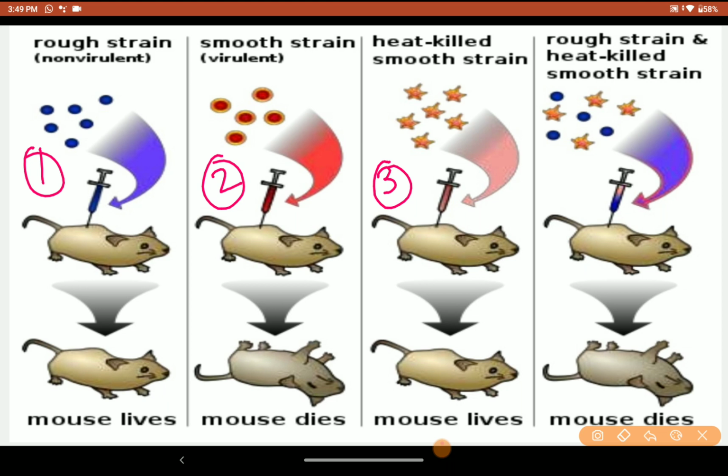Now because the bacteria is heat-killed, it is not able to cause pneumonia, therefore the mice survive. Now in the fourth case, he mixed the R strain and heat-killed S strain. Because of R strain the mice survive and because of heat-killed S strain also the mice survive.